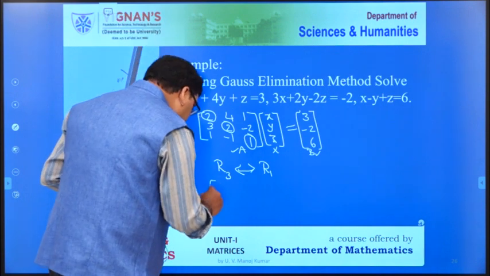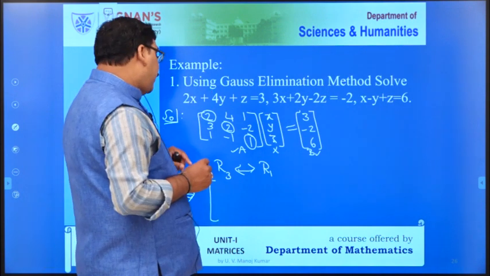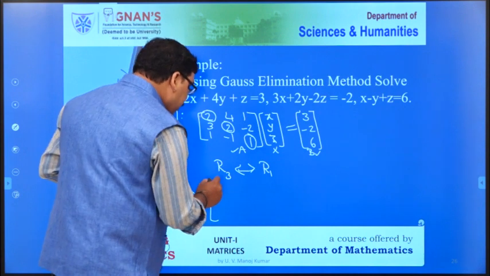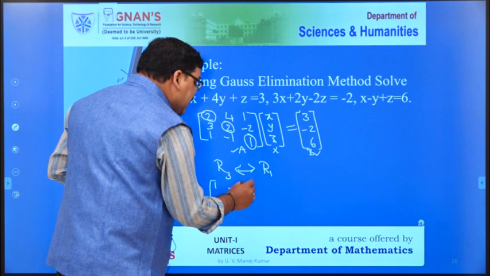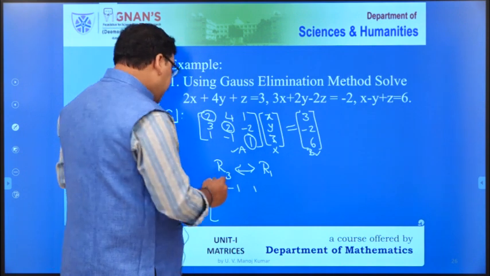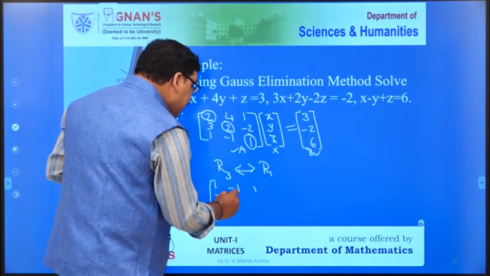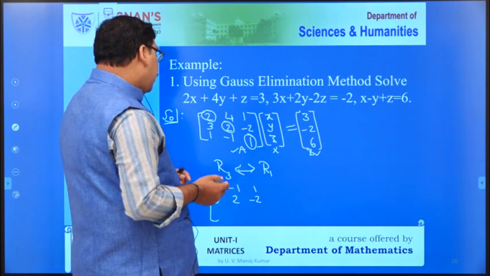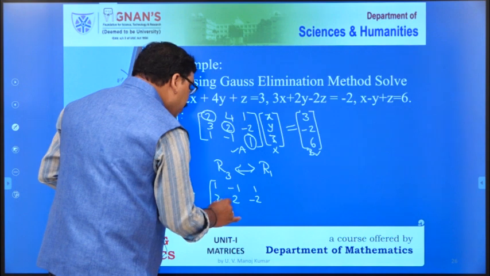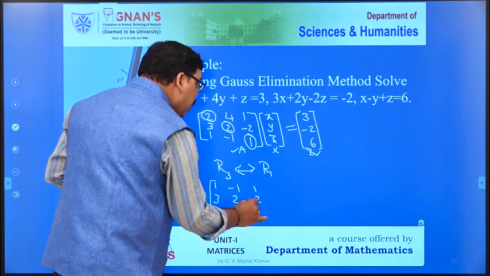So you are interchanging first and third rows. First you have to write 1, minus 1, 1. Second row as it is, no change. Now third row is 2, 4, 1.